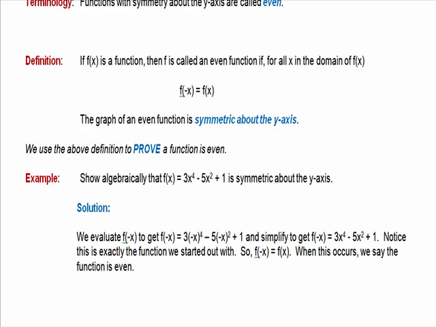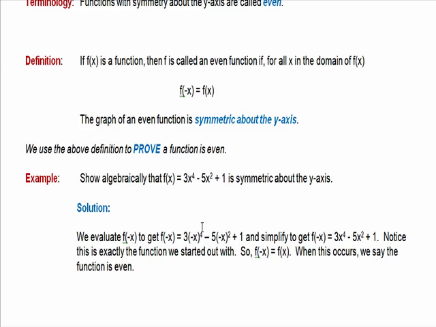If I do f at negative x, that really means substitute negative x in every place we have an x in the original function. So doing that gives me f(-x) equal to 3 times (negative x) to the fourth, remember the negative will be raised to the fourth, minus 5 times (negative x) quantity squared plus 1.